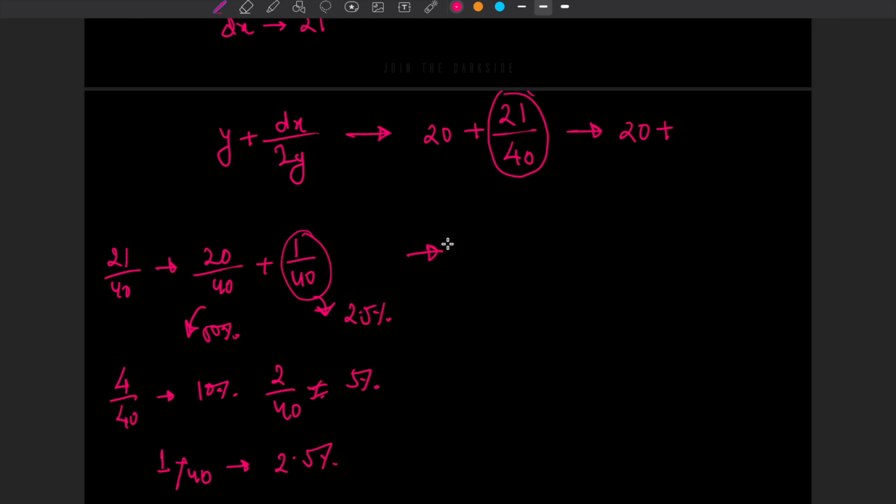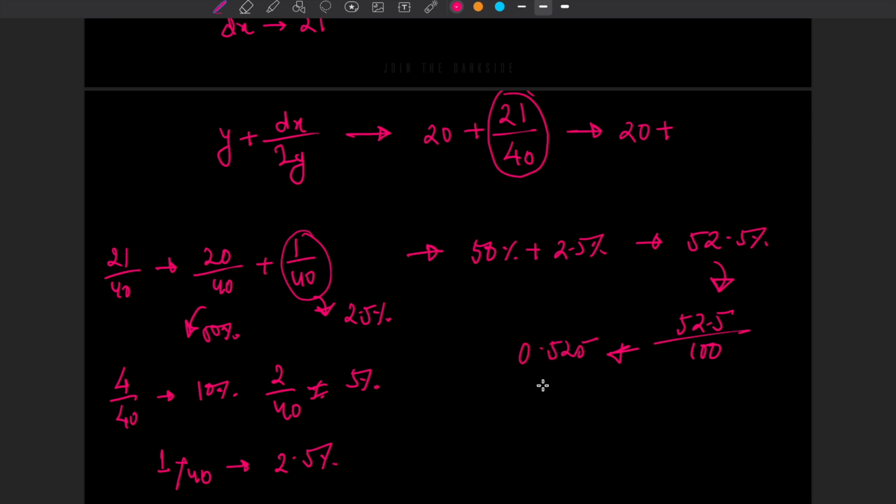So totally it becomes 50% plus 2.5%, that's 52.5%. If we just remove the percent, it will be 52.5 divided by 100, that's 0.525.